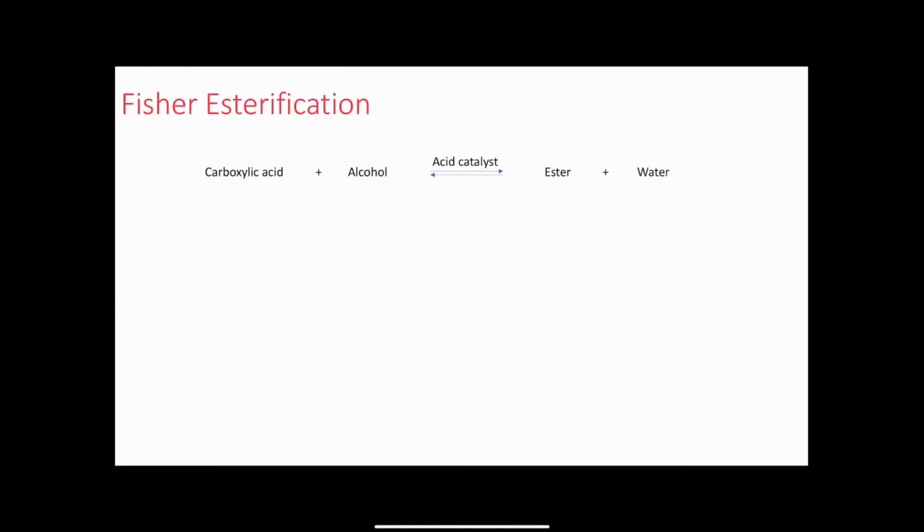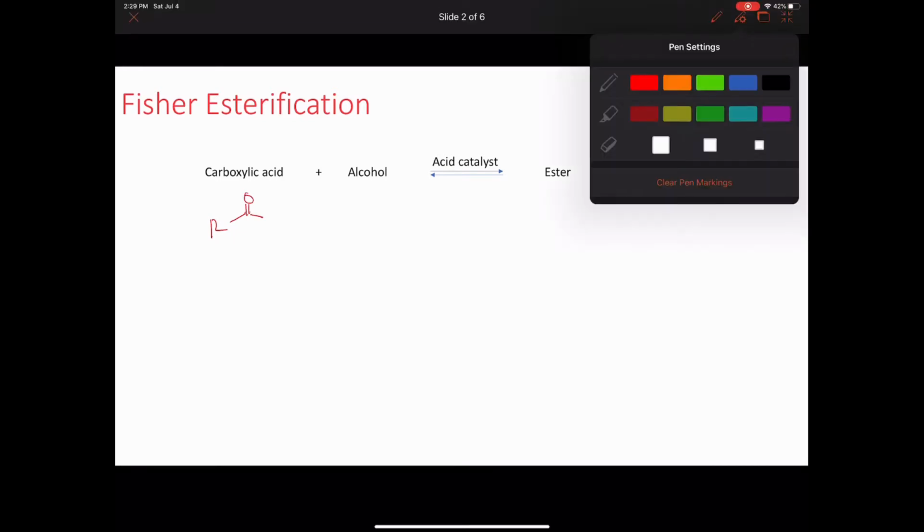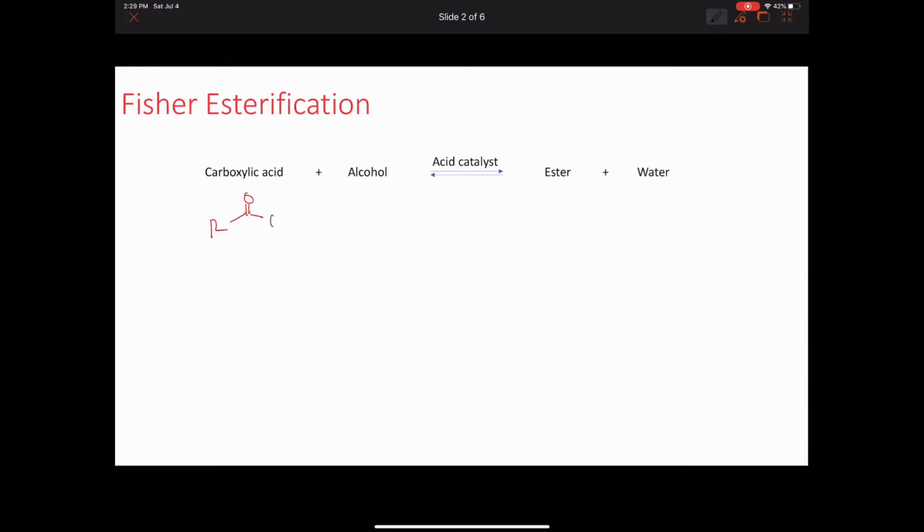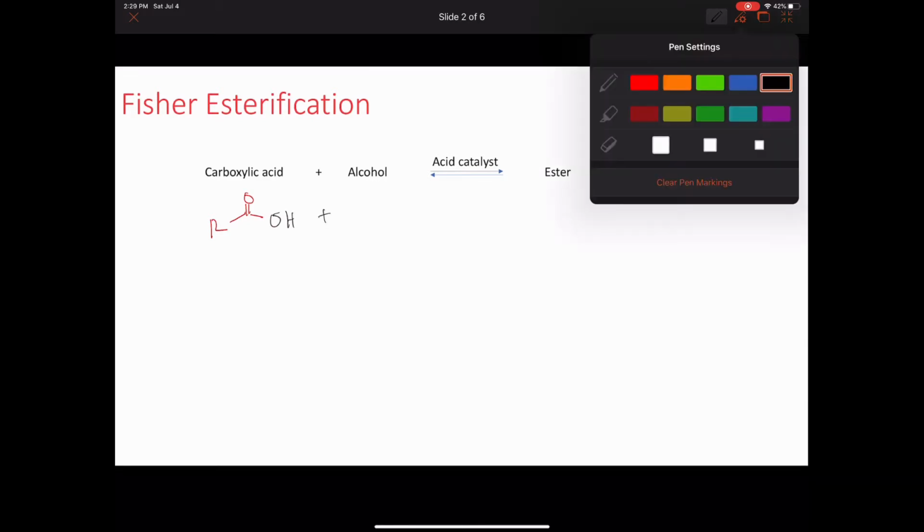So what is the Fischer esterification reaction? Well, this is the reaction between a carboxylic acid and an alcohol.